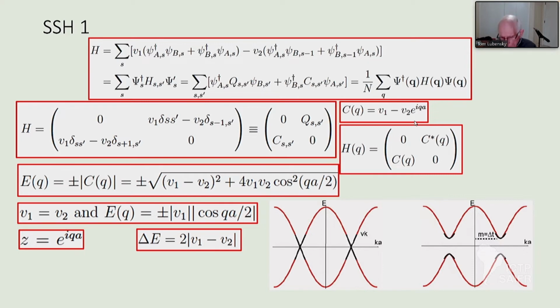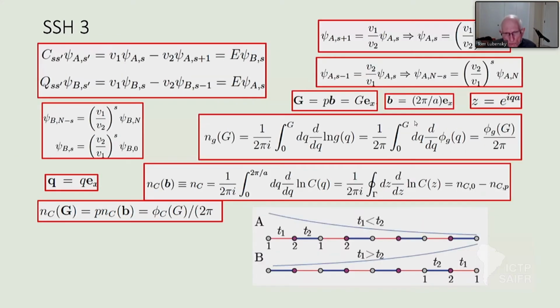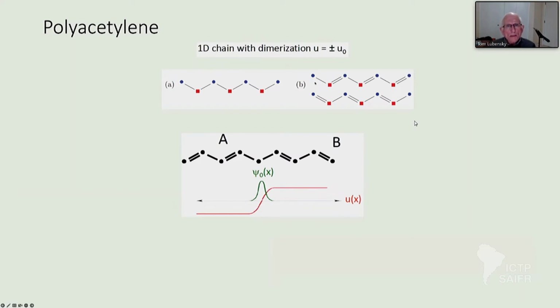Let's go back to the model. So the model is this. I have a red site and a blue site, and each unit cell consists of two sites and two bonds. So I'm drawing a circle around one version of the unit cell.